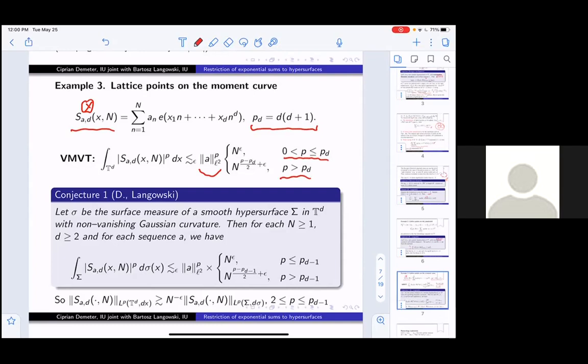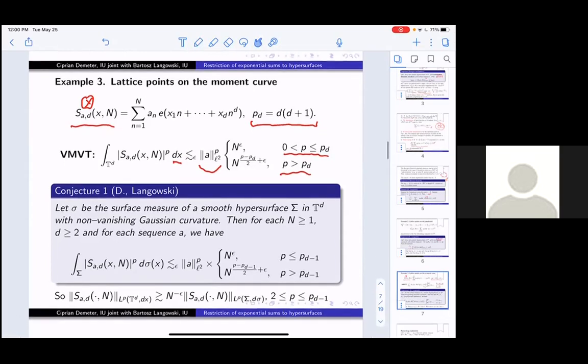All right, so given the fact that we understand everything when it comes to the Lebesgue measure, it makes sense to investigate the question about the moments of these exponential sums restricted to curved hypersurfaces. And all I'm going to need is non-vanishing or non-zero curvature.